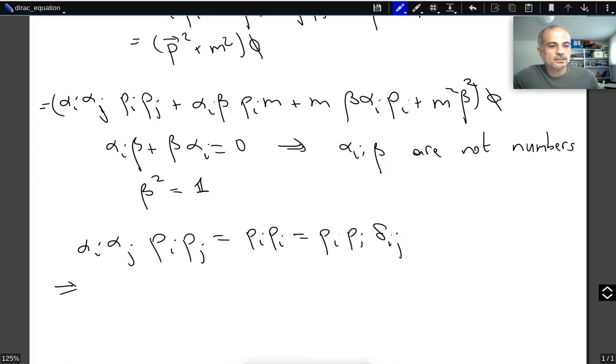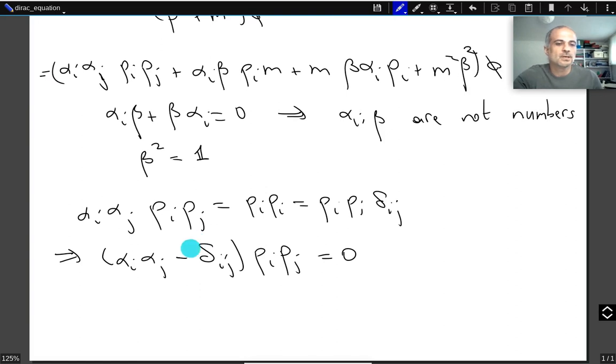So we obtain alpha I, alpha j minus Kronecker delta ij, pi, pj, equal to 0. Now, this should be valid for any pi, pj, but one should be a bit careful in this equation. You see, this doesn't imply that this parenthesis over here is 0. We cannot say that this is 0.